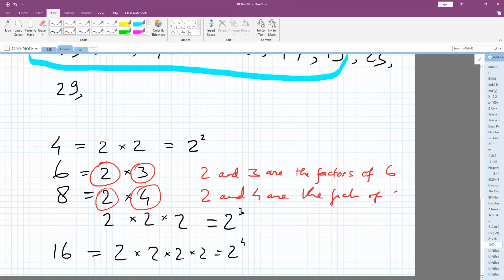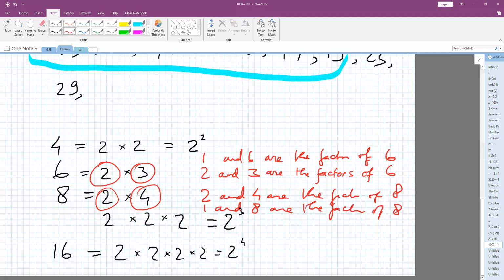And you can also say that 1 and 6 are factors of 6, and 1 and 8 are also factors of 8.